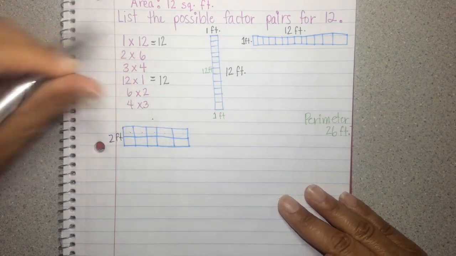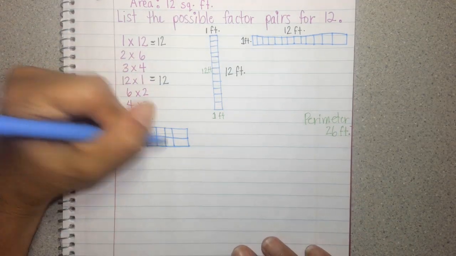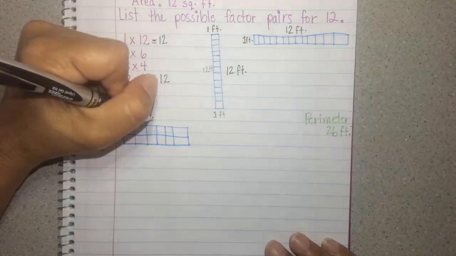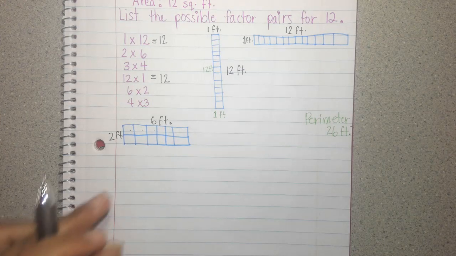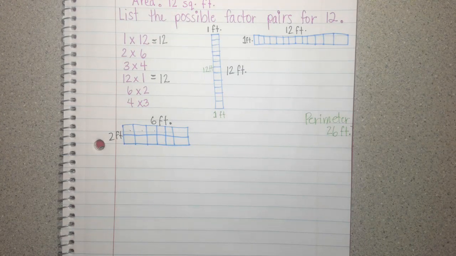1, 2, 3, 4, 5. Oh, no wonder this one looks so big. Okay, 6 feet. And we get an area of 12.